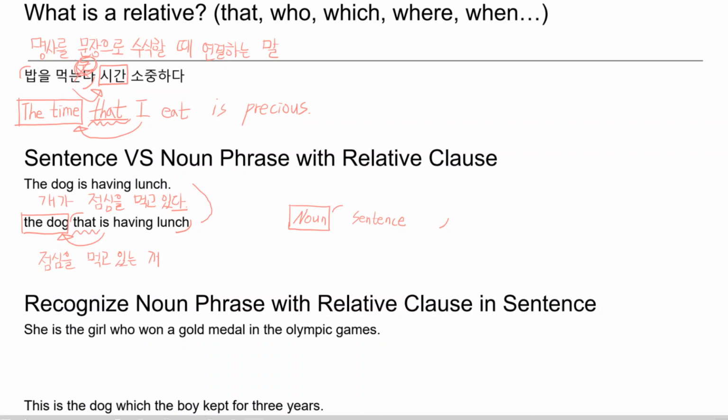So this is marking for noun phrase with relative clause. It always has the meaning like 뭐뭐 하는 뭐 명사. This happens very often in English sentences, so you need to get familiar with this very soon, okay? As soon as possible. Alright, let's practice then.